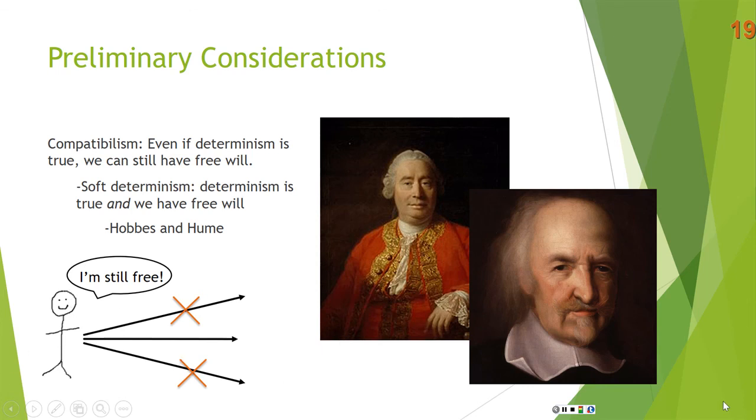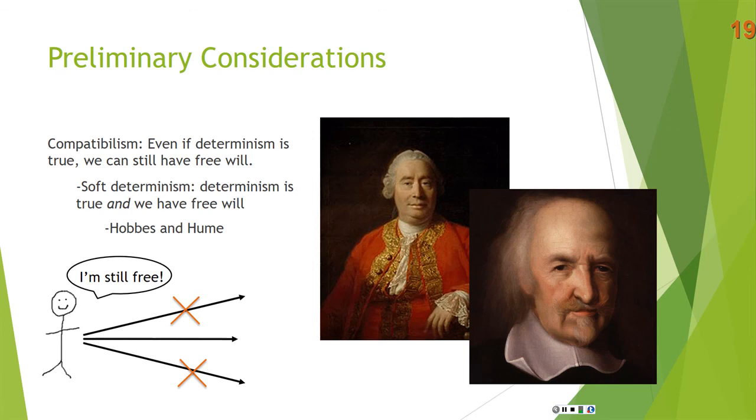So the compatibilists say, as opposed to the incompatibilists, that determinism and free will are logically compatible with each other. And then within that camp of compatibilists, you have soft determinists. They say that determinism is true and we have free will. So it takes it from the hypothetical.